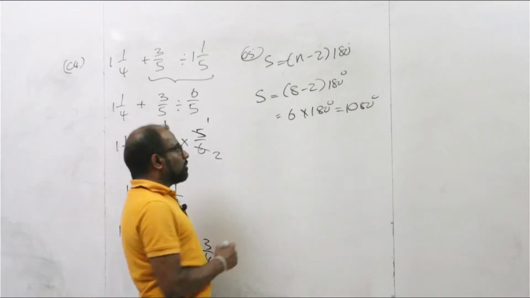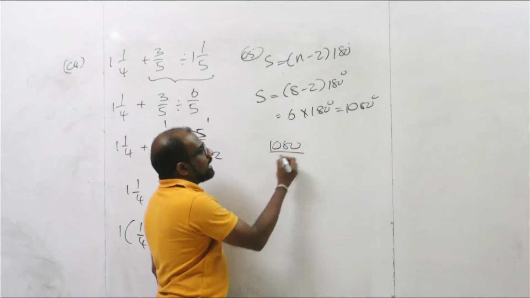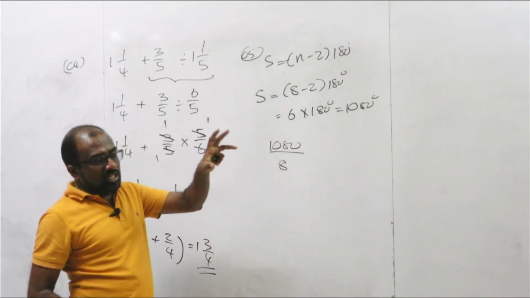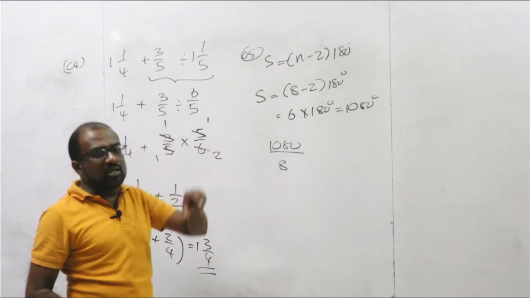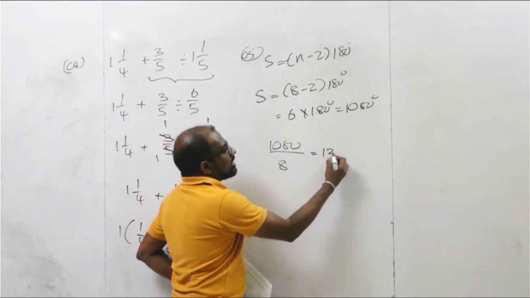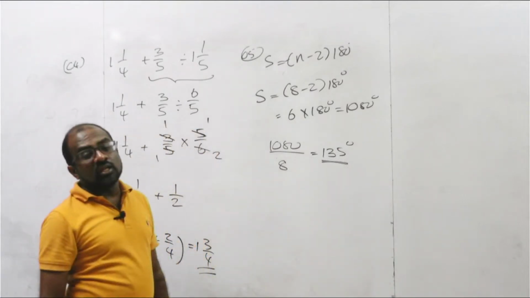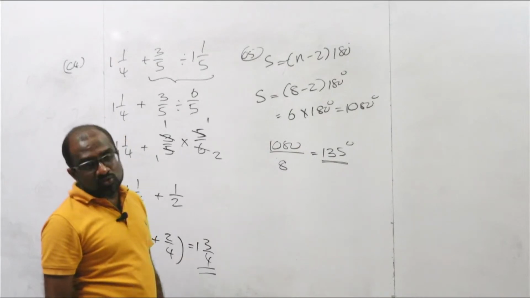The magnitude of one interior angle is 1080 divided by 8. Regular means all sides are equal in length, and interior angles and exterior angles are all equal in magnitude. 1080 divided by 8 is 135 degrees. So this is a method you can use.